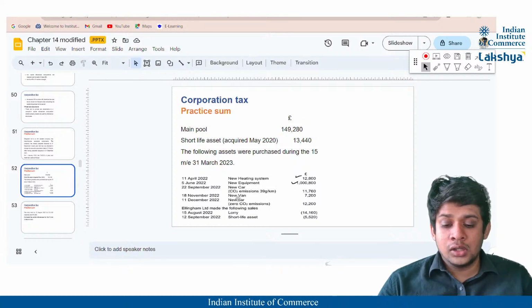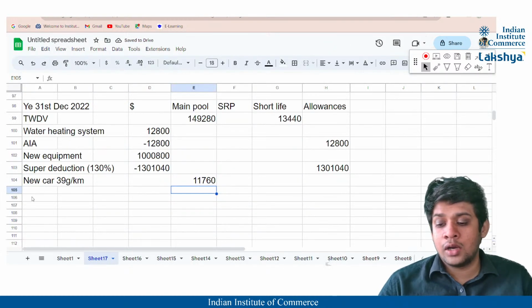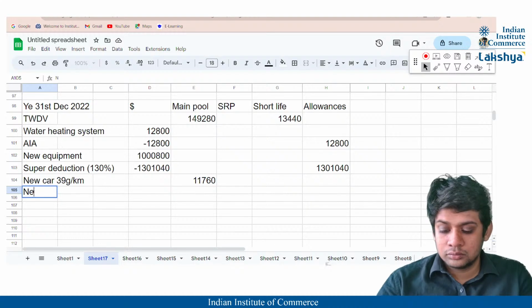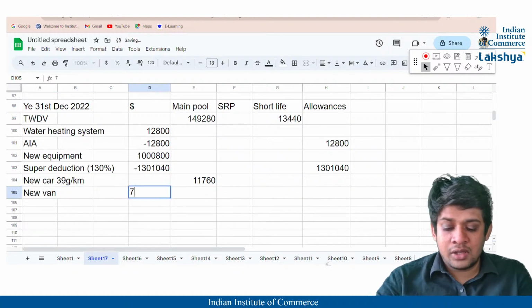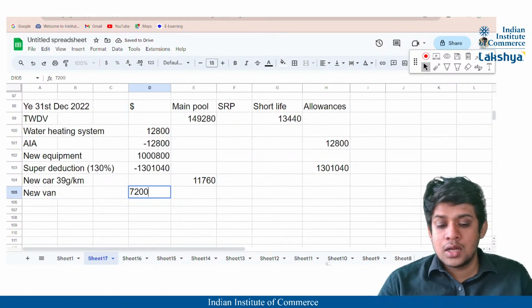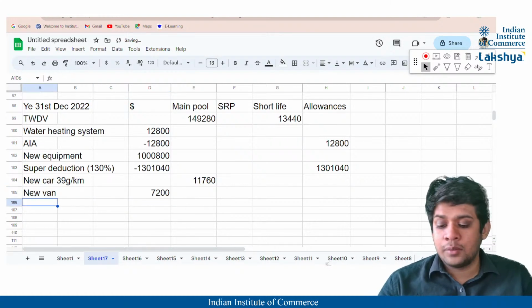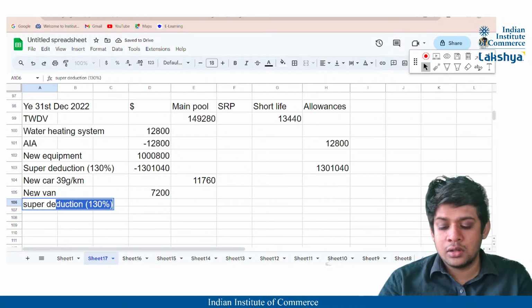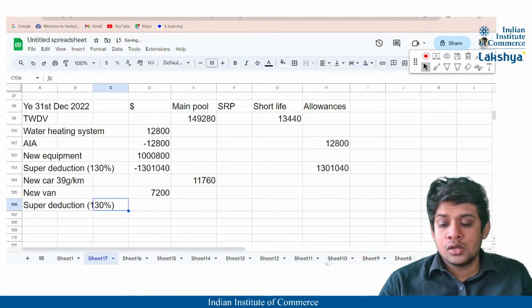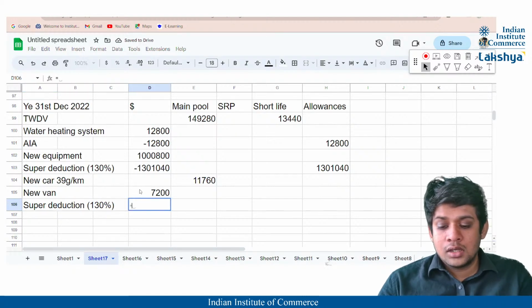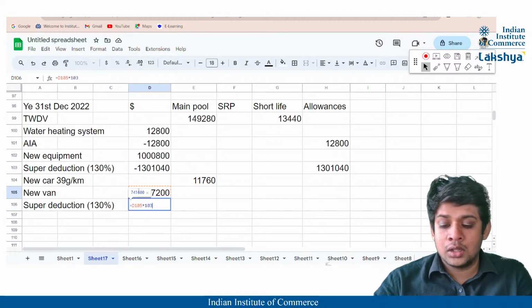Then I have a new van that is 7,200. Its value is 7,200. Yes. And obviously from this I will get a super deduction of 130%. So that will be 7,200 into 130%.